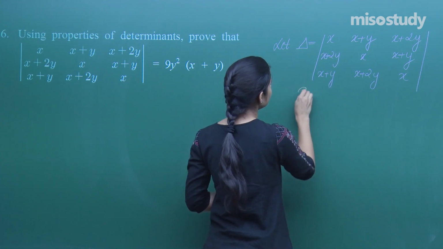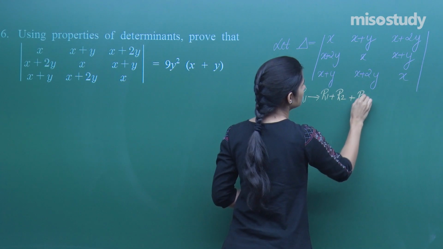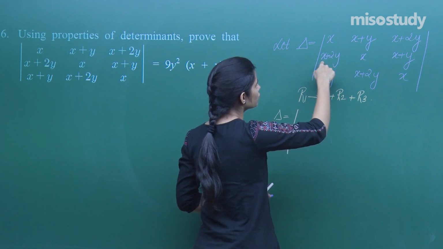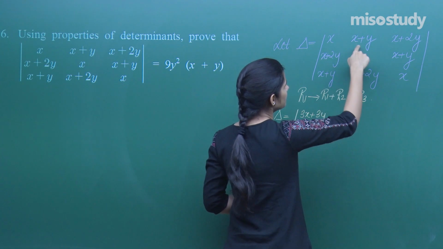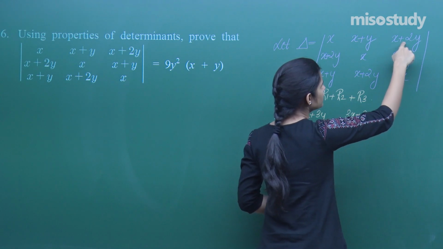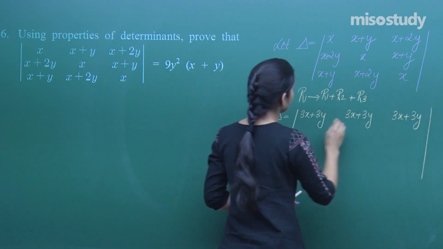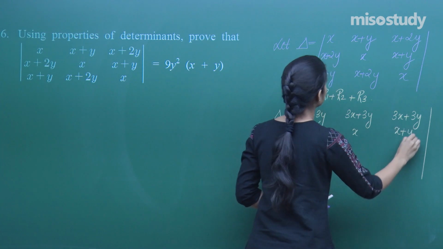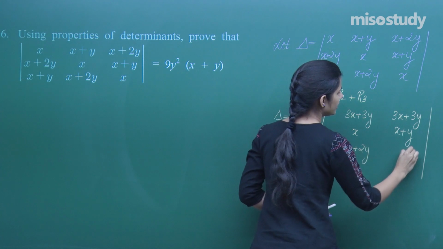According to the pattern, clearly if you apply R1 goes to R1 plus R2 plus R3, you get del is equal to x plus 2y plus x plus y, so it is 3x plus 3y, x plus y plus x plus 2y, again 3x plus 3y, x plus 2y plus x plus y plus x, again 3x plus 3y. Here you have x plus 2y, x plus y, then x plus y, x plus 2y, x.